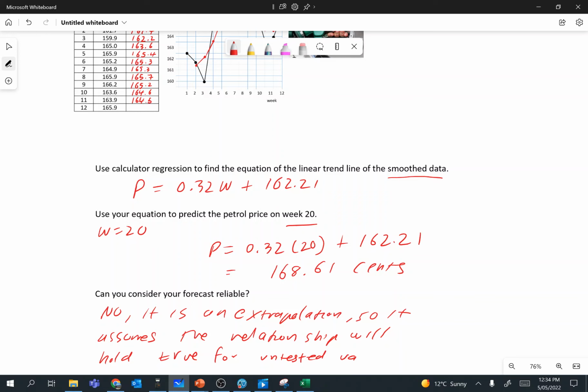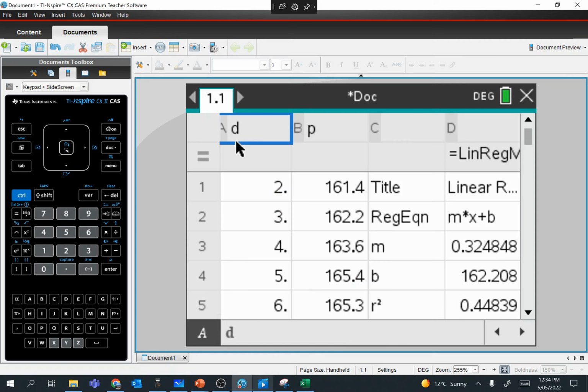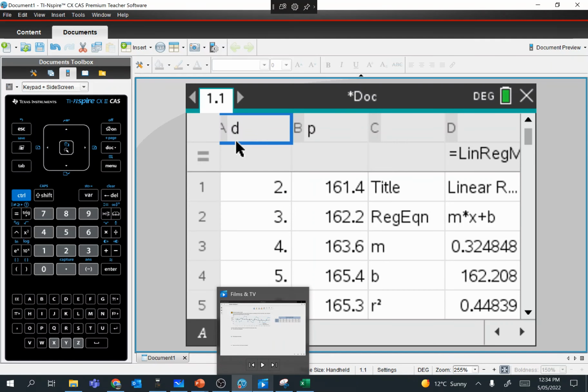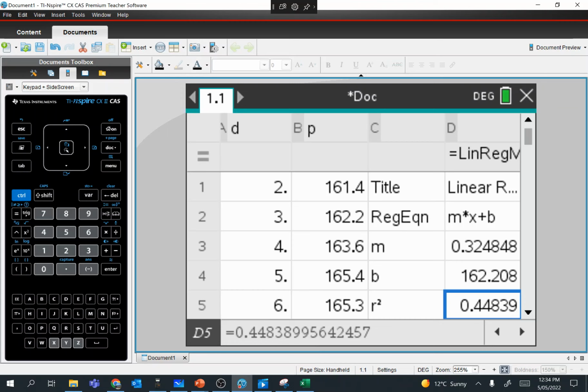All sorts of things can affect the price of petrol. As well as that, the R-squared value is quite low, which is not a good thing either, in addition to the fact that it's an extrapolation. So we certainly can't consider this to be a reliable forecast.